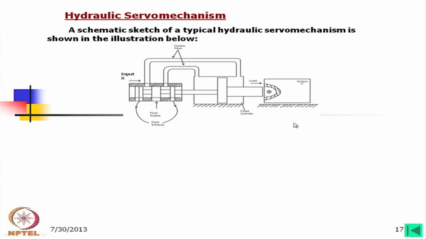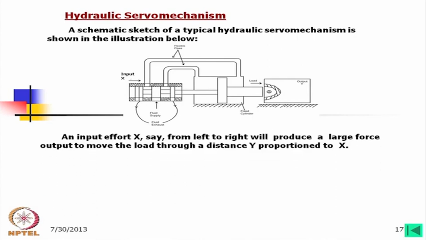Now, if there is a feedback control within this system, then we shall call it a servo mechanism, and there is a wide application of hydraulic servo mechanisms, starting from machine tools to many others, even missile control.